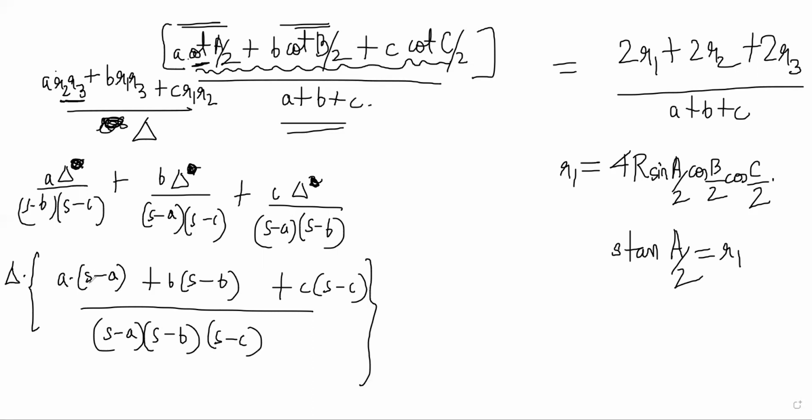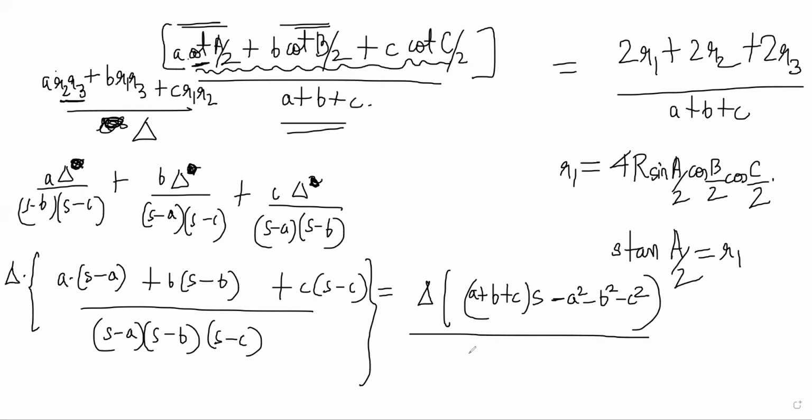Yes, sir. So this is equal to A plus B plus C into S minus A square minus B square minus C square, right? Then the lower denominator is del square.